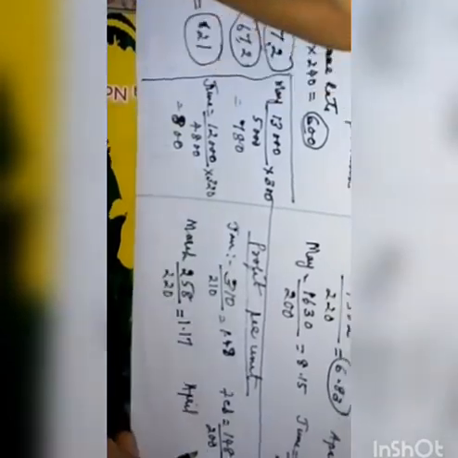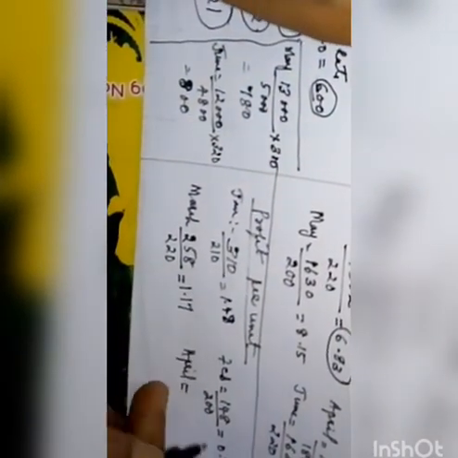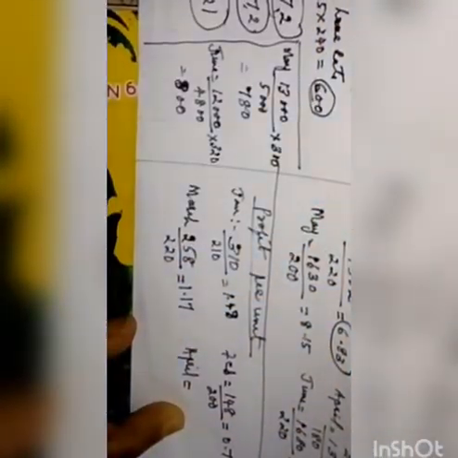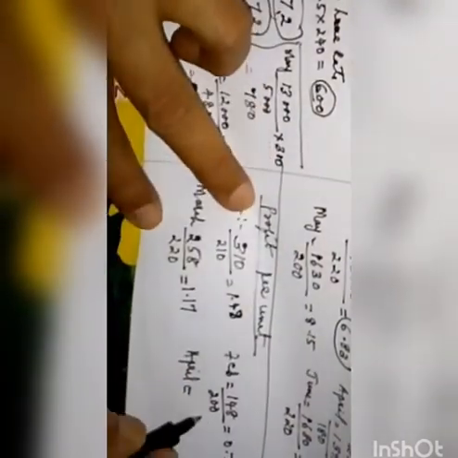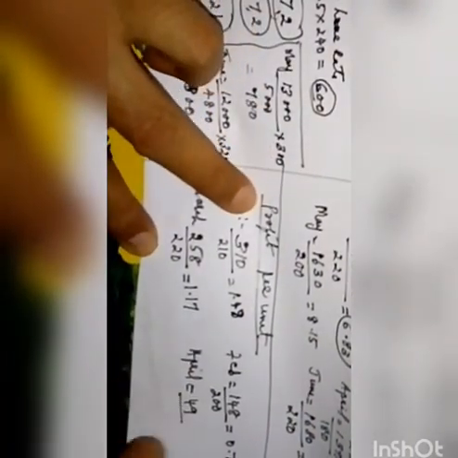April month profit 49 divided by units produced 180, and the profit per unit is 0.27.